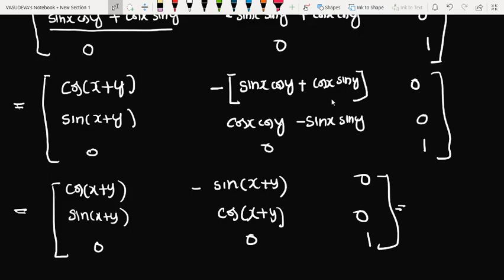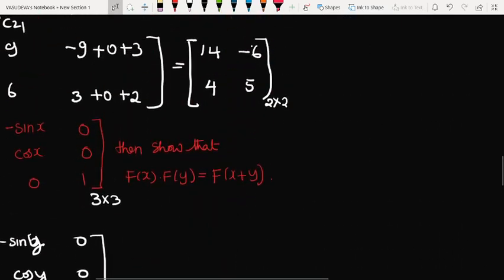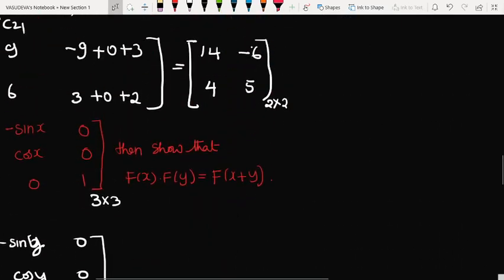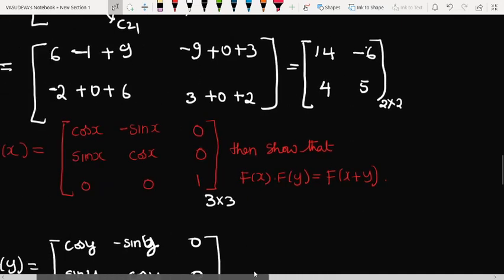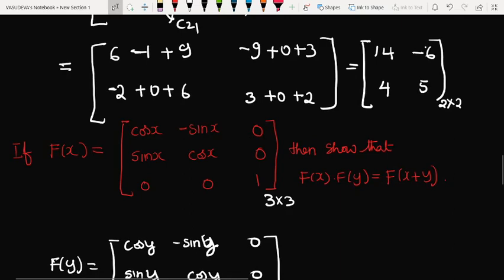So absolutely now, the terms cos of x plus y, minus sin of x plus y, 0, sin of x plus y, cos of x plus y, 0, 0, 0, 1 are similar to the terms that appeared in the first given problem: cos x, minus sin x, 0, sin x, cos x, 0, 0, 0, 1. So finally what we arrive at is that x is replaced by x plus y.